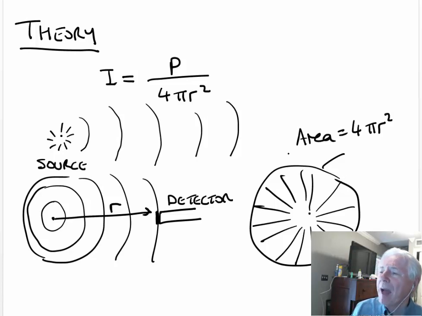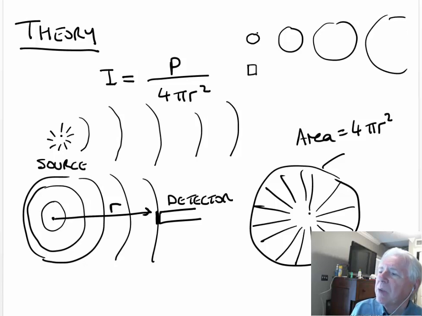So whatever intensity it had at the beginning, it's been diluted, reduced by being spread out over this larger and larger area. The analogy we often use is, take a ping pong ball, a softball, a basketball, and a beach ball, and take a can of paint and paint each object.